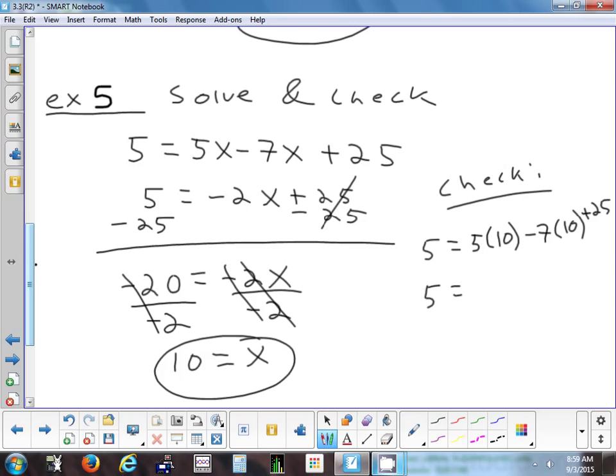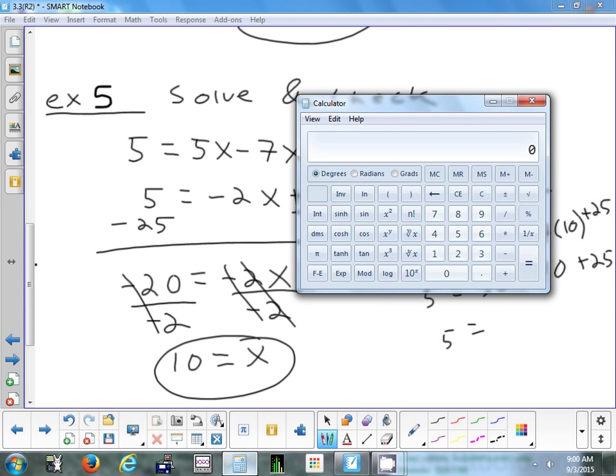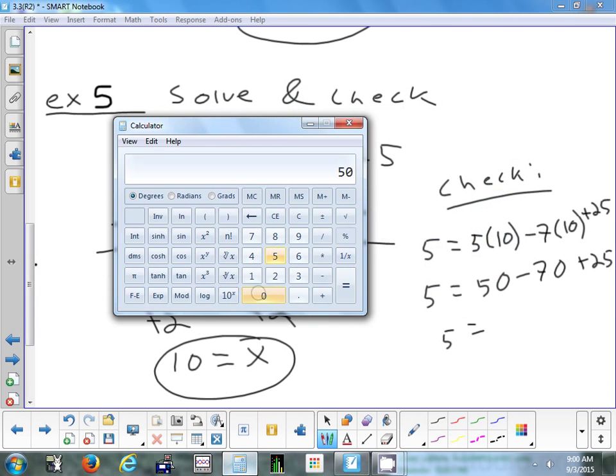5 times 10 is 50. 7 times 10 is minus 70, plus 25. Now I've got some big numbers here, so I'm just going to use my calculator. We got 50 minus 70 plus 25, which is 5.